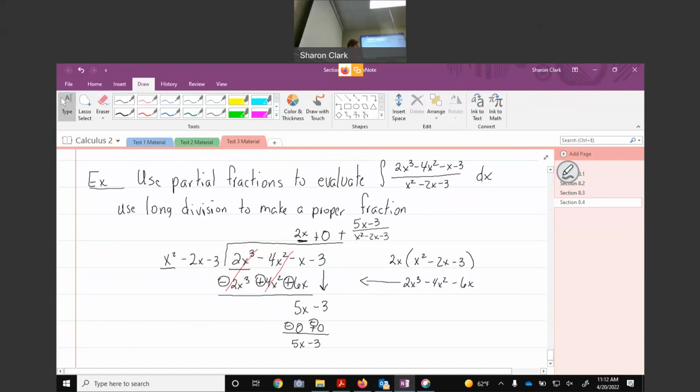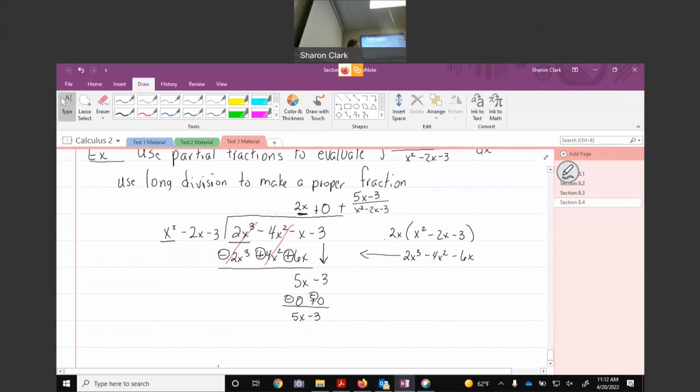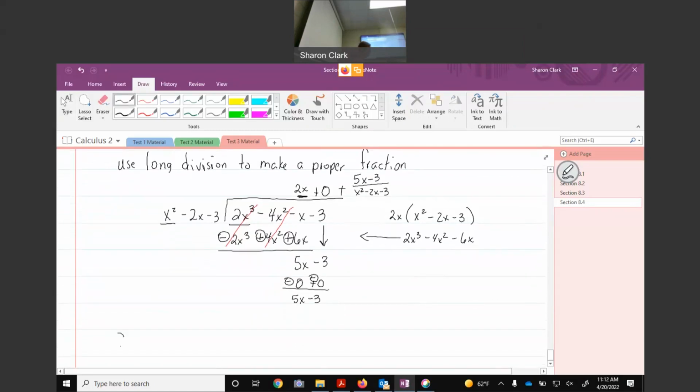So it's 2x. We went from the integral of 2x cubed minus 4x squared minus x minus 3 over x squared minus 2x minus 3 dx to the integral of 2x plus 5x minus 3 over x squared minus 2x minus 3 dx.